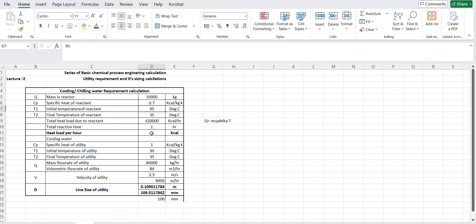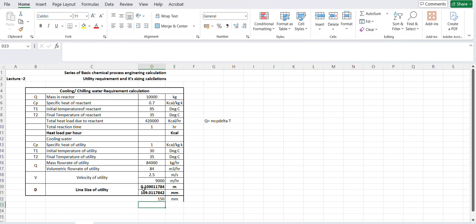We have just changed some parameters like the mass and Cp of the particular material in the reactor. For that we required a 109 mm line size, so on the higher side we can consider a 150 mm line size for this calculation, as 125 mm is non-standard and cannot be used in most industries.